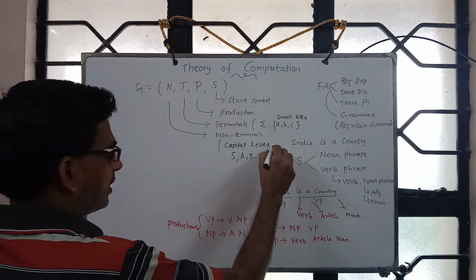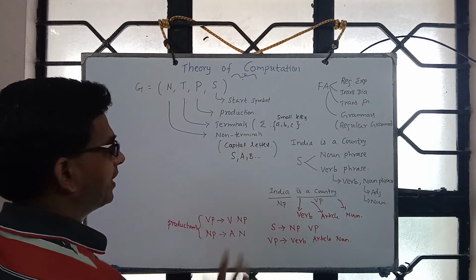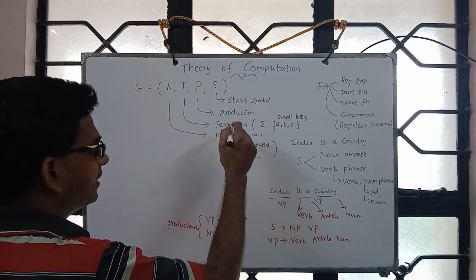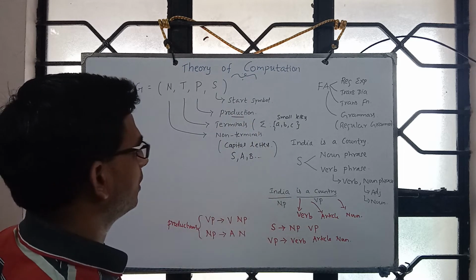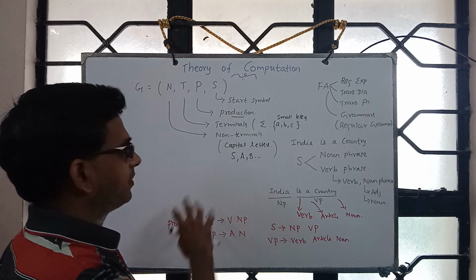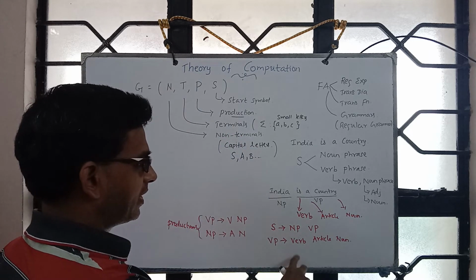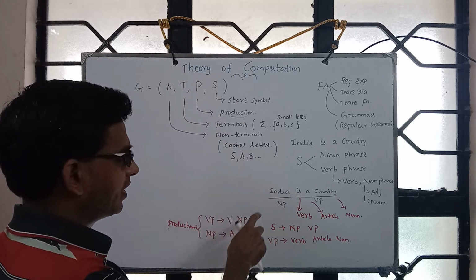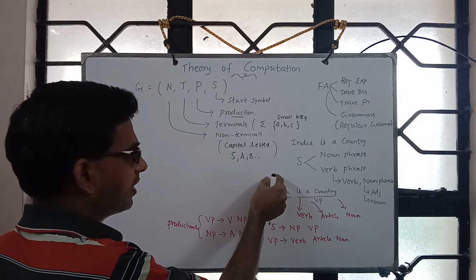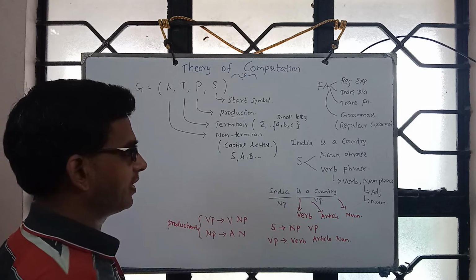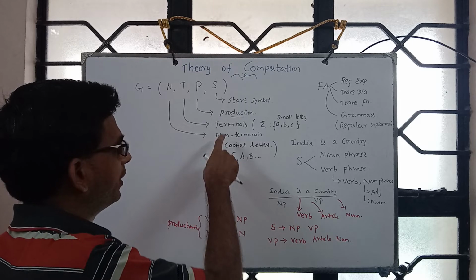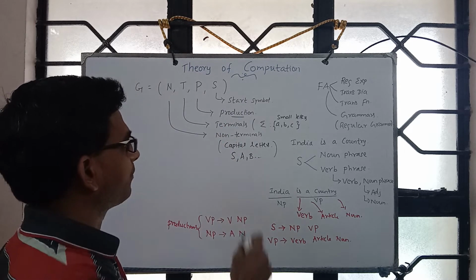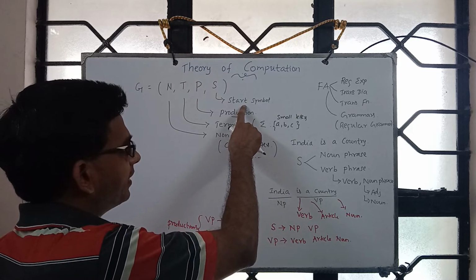Now the question is, how do we relate terminals and non-terminals? And the relation between these two is given by the production. And you may have many rules, correct? So you cannot directly start with an article. You cannot say the statement itself is just the article, the, a. So the production rule says where exactly I should start, and that is given by the start symbol.